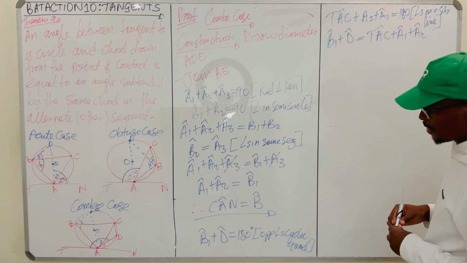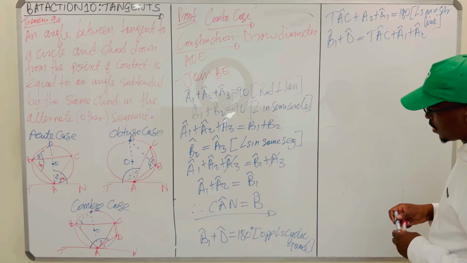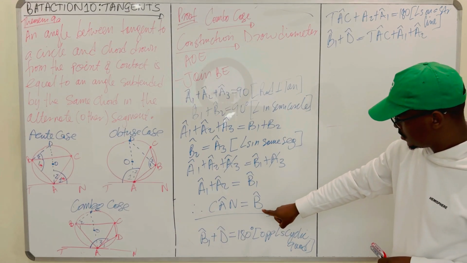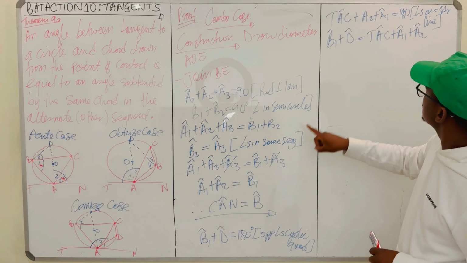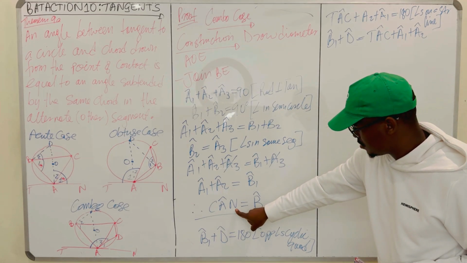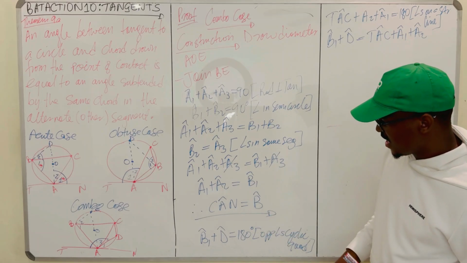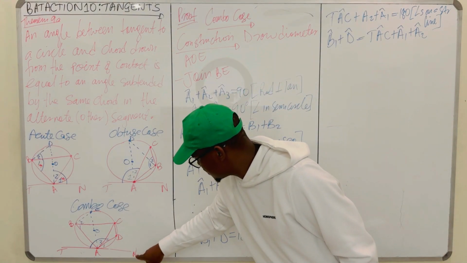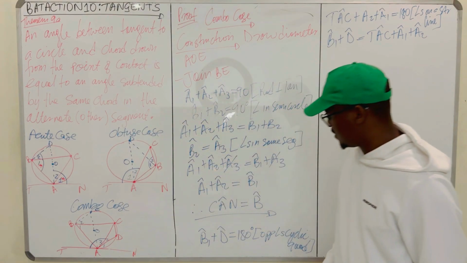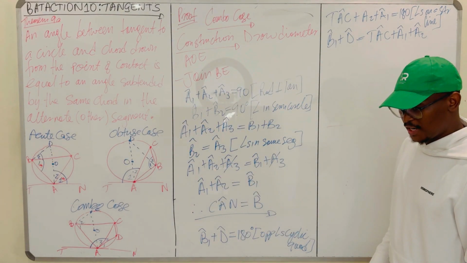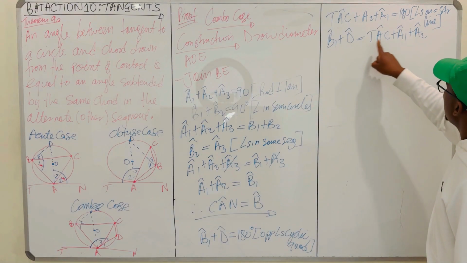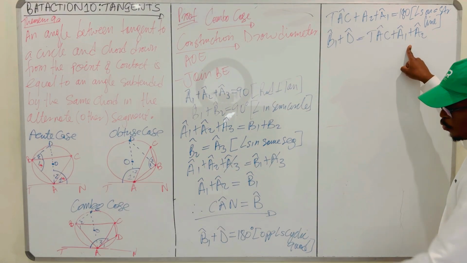But then, look, we said your B1 is equal to CAN. What is CAN? CAN is this, your A1 plus A2. Do you agree? Yes. So this and this are equal, from what we proved.